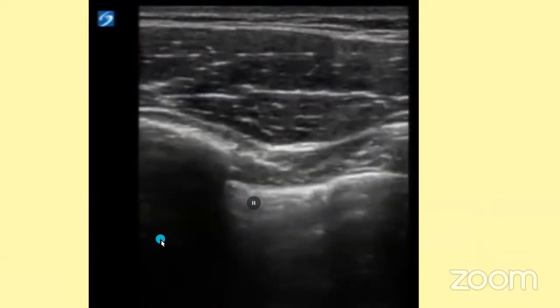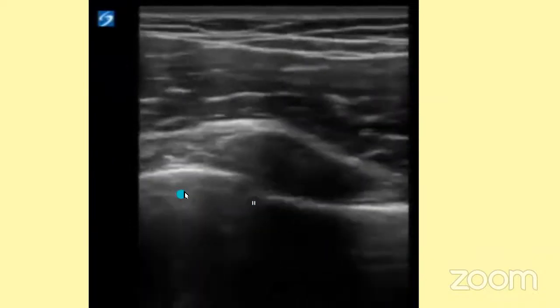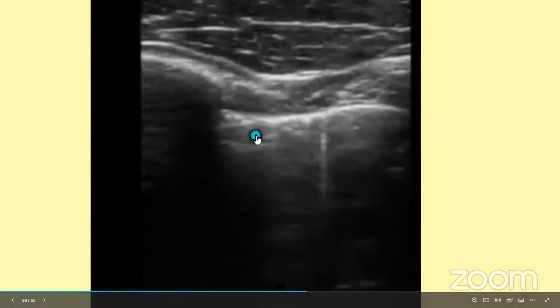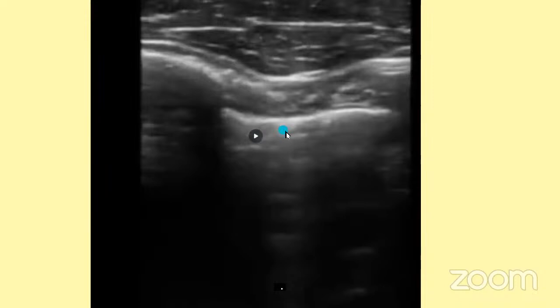So if you see carefully, see the pleura again. You can see some white specks or dots just flashing here. This one and this one. Let me annotate. Somewhere here and somewhere here. Also, there was something.